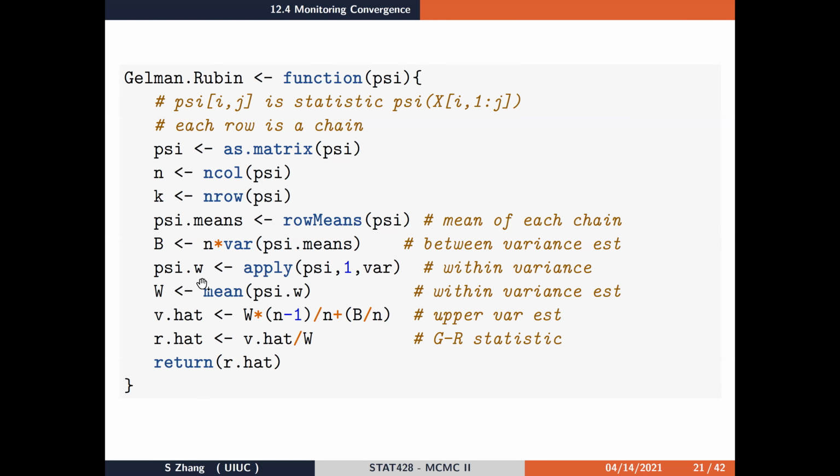The result will be a vector psi_w, where each entry is the s_i squared for that particular chain. And then our W will just be the mean of the psi_w's. Once we get B and W, we can get our var hat, and that's the weighted sum of W and B. Dividing that by W gives us the r hat, which is the Gelman-Rubin statistic.